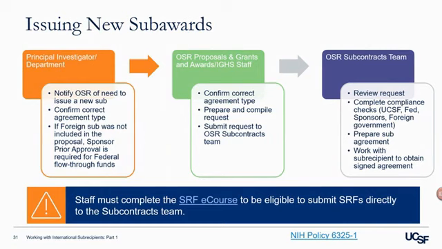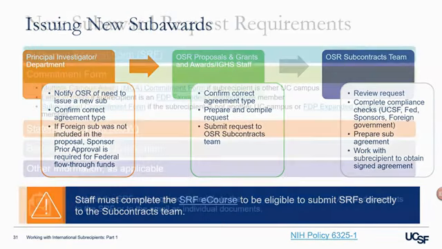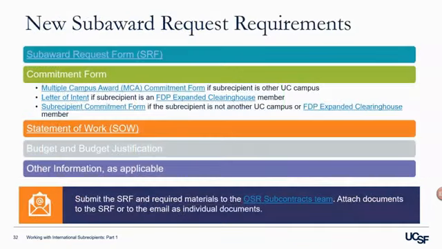All right. And to complete the SRF again, that e-course goes through helping you learn how to actually complete it and what's required. And there's also instructions on our website. So I won't go into how to complete the form itself, but I do want to mention that when you are requesting a new sub-award be issued, we do need a completed SRF that includes all of the required information and documents based on your action. We need the commitment form.